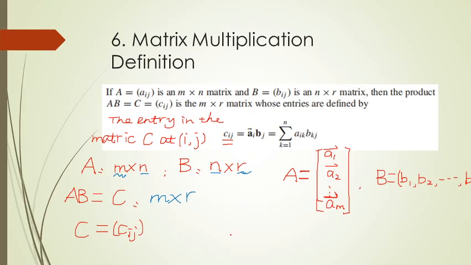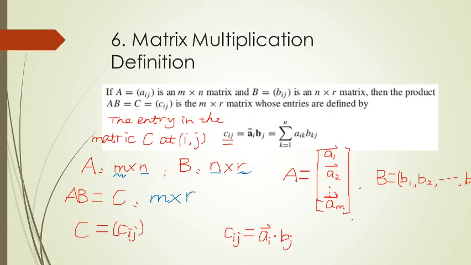The entry at the ith row, jth column in the matrix C will be the ith row vector times the jth column vector.